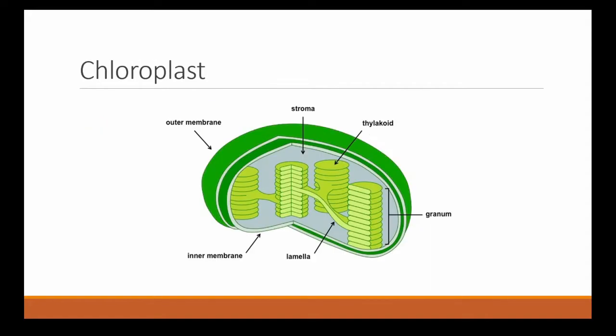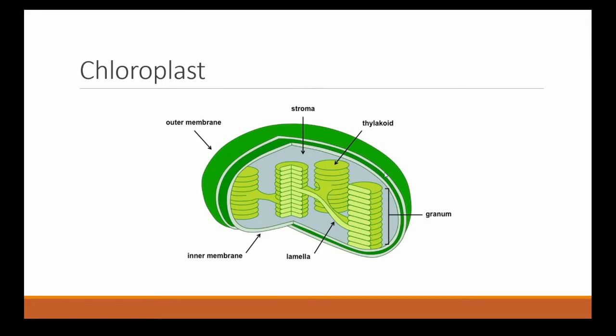We won't bother with the details, but we will just have a little review of the structure of the chloroplast before we go on. You're going to see there's many labels here, but we're going to just concern ourselves with two of the labels, the stroma and the granum. So inside the chloroplast, you're going to have this liquid, and that's known as the stroma.